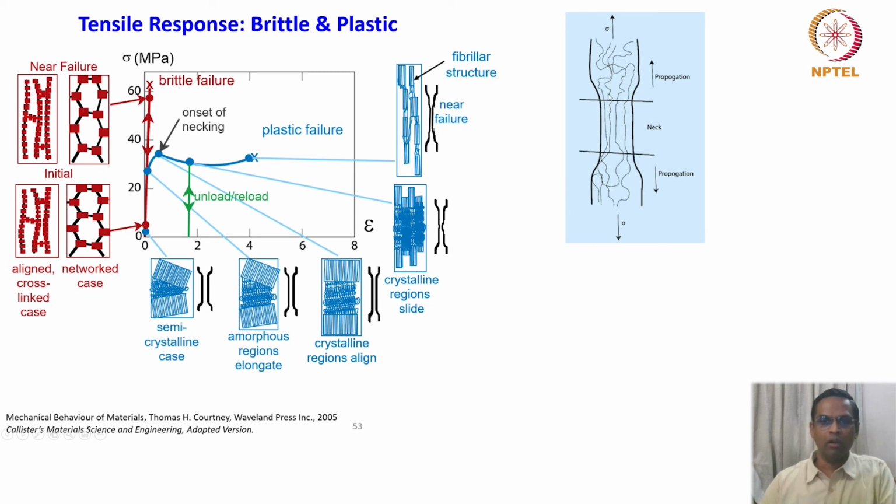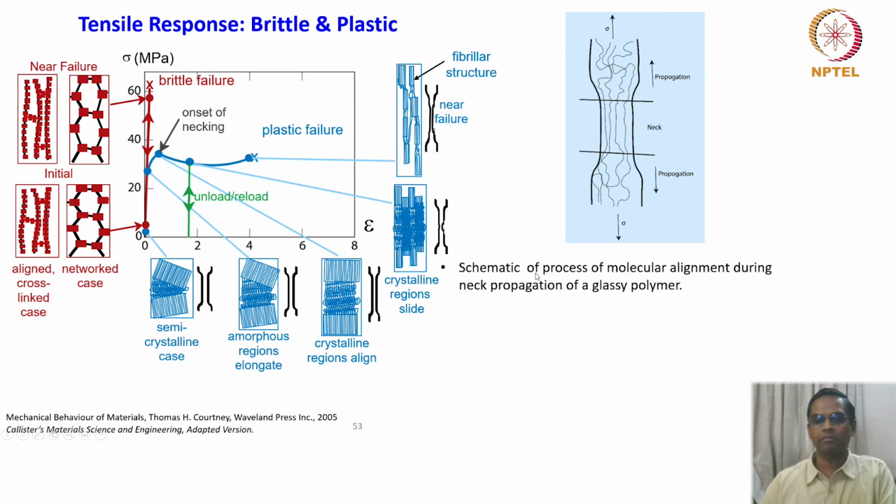So here also we talk about necking. If you look at the necking, what happens in this region, you see that it is a complete molecular arrangement during neck propagation of glassy polymer. Necking here means that all the non-crystalline region becomes straight alignment, so basically pulling the strain straight into one direction, that is the stress direction.